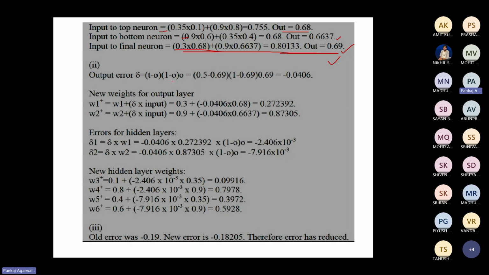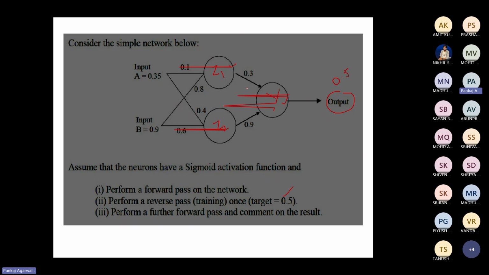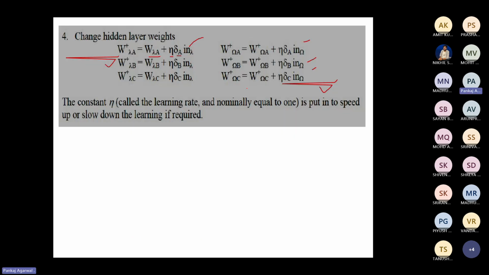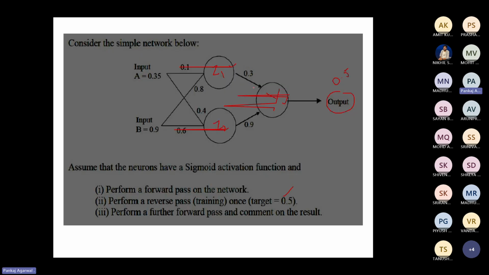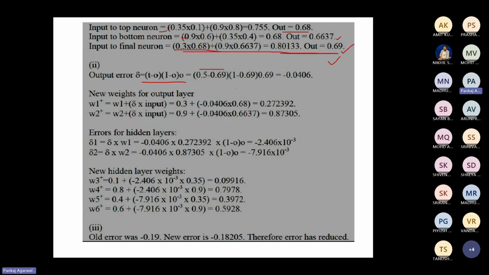Now the thing is error calculation. So I did an error calculation. I took the difference of 0.69 and 0.5. And then if you remember, there was a term called what? Output into 1 minus output. What was the output here?